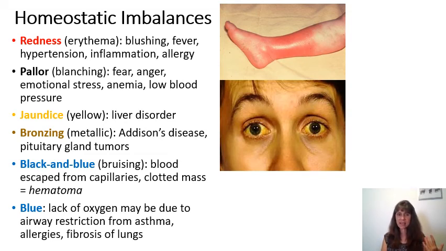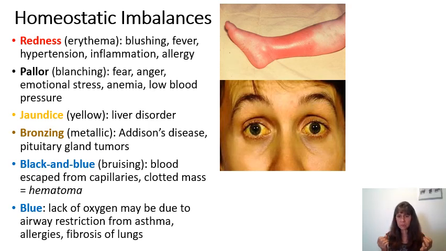Bronzing is a brownish metallic appearance of the skin caused by Addison's disease, pituitary gland tumors. A black and bluish coloring due to bruising happens when blood escapes from capillaries, and if we have a mass of blood that collects, that is referred to as a hematoma.